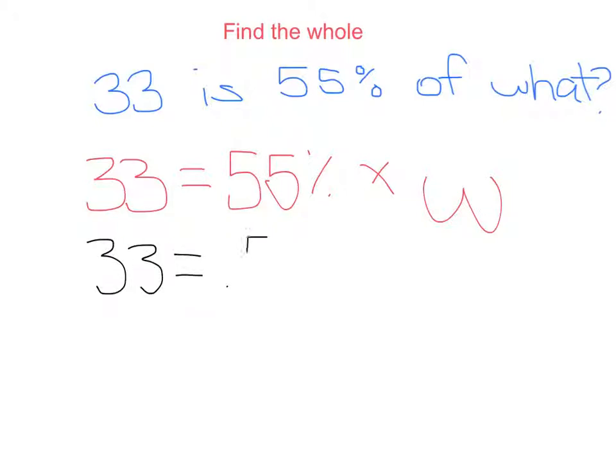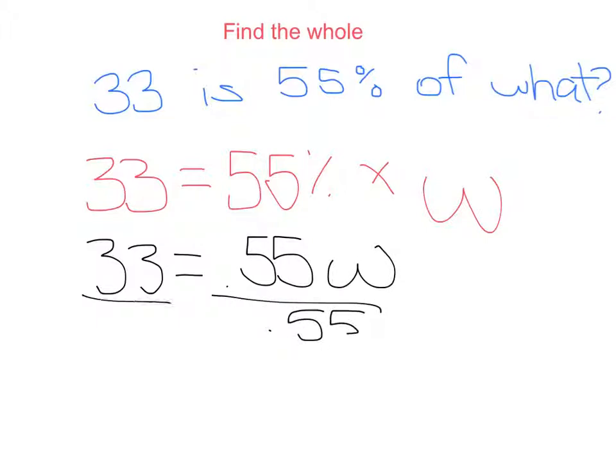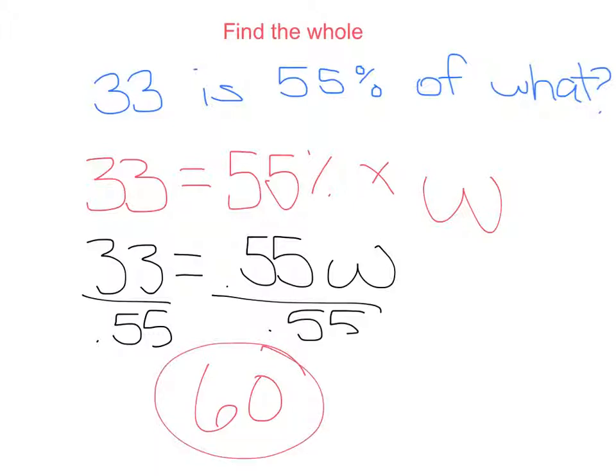So it's going to be 0.55W, and then divide both sides by 0.55. So you actually end up with 33 divided by 0.55, and you get 60. This is actually going to be your number, so you don't have to change anything else.